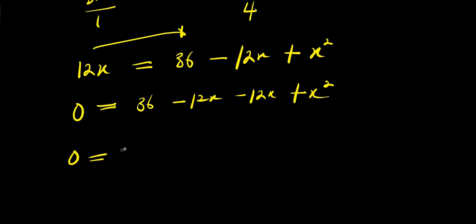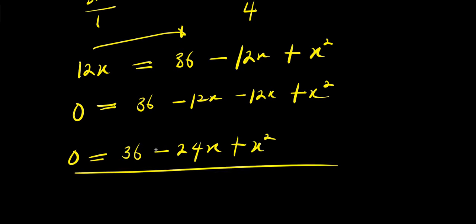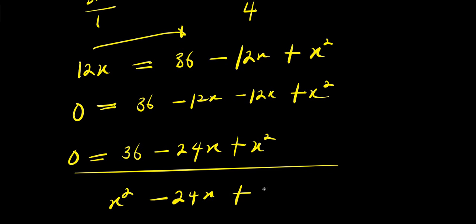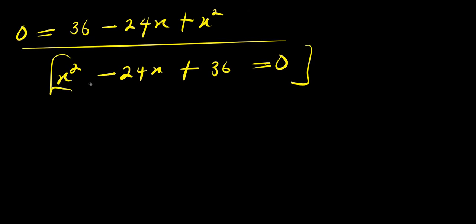You have 0 equals 36 minus 24x plus x squared. So we rearrange this. We have x squared minus 24x plus 36 equals 0. We solve this for the values of x.